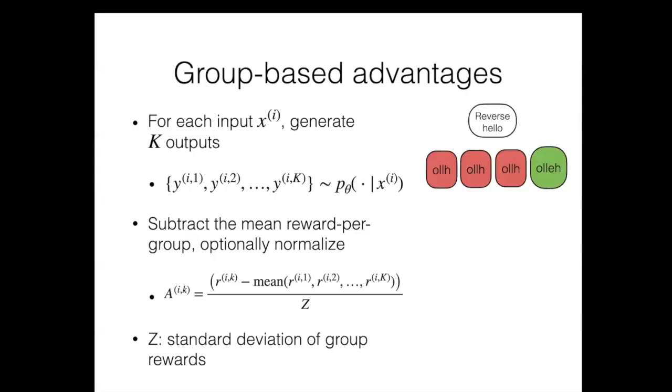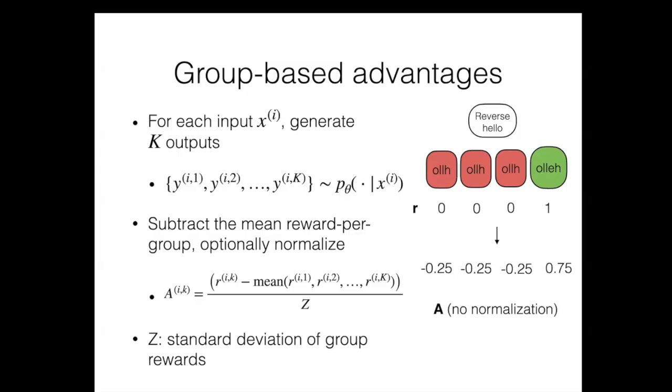Okay, so let's walk through an example. Here, our group size is going to be 4. We generate 4 outputs. Let's say that 3 of them are not good reversals of the string. I guess they dropped the letter E, and then this one at the end is correct. So our rewards would be like this, 0, 0, 0, 1.